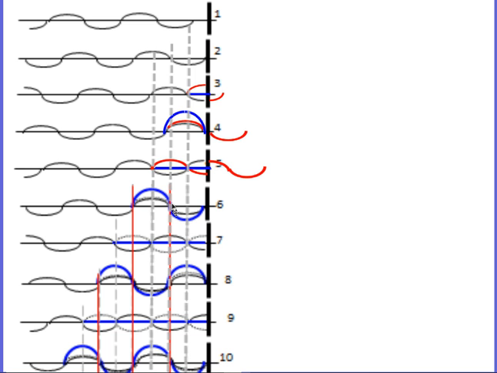Come back another quarter of a wavelength and it's 0, 0, 0, 0, 0. This is a point in space where there's never any displacement. That's a node. And from this we need to get the fact that the distance between adjacent nodes is half a wavelength.